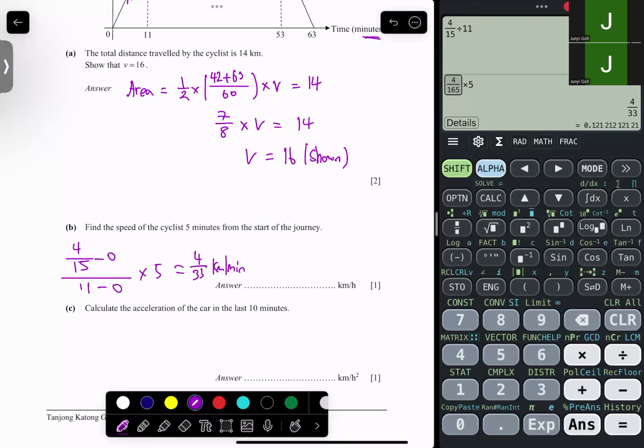Okay. So then we want kilometers per hour. So we multiply by another 60, right?